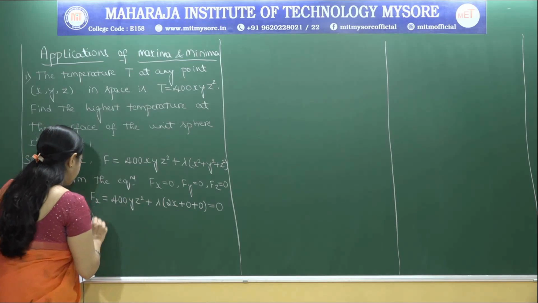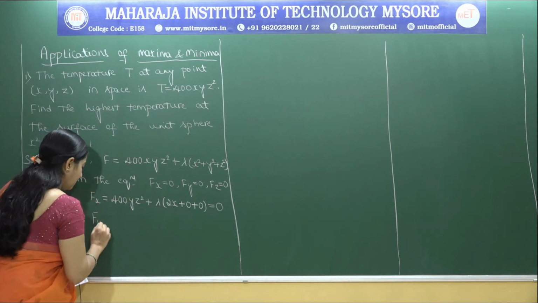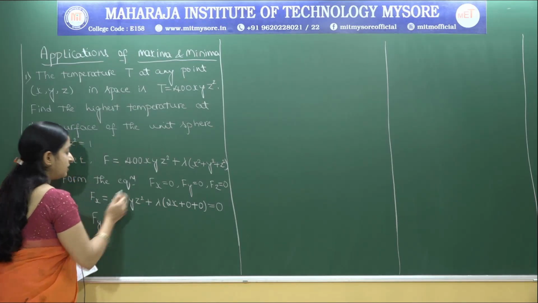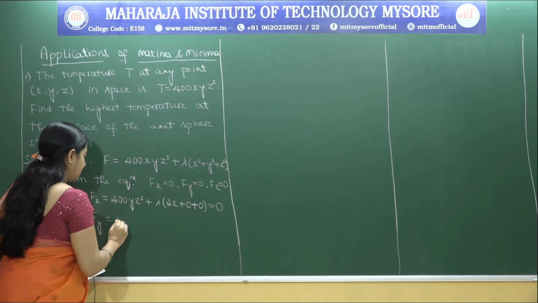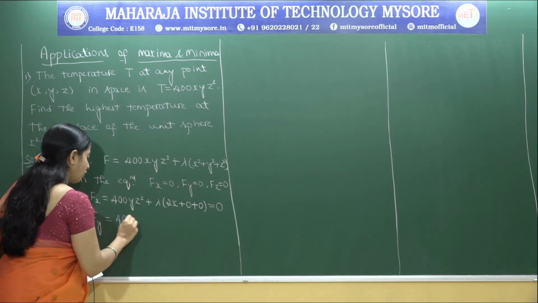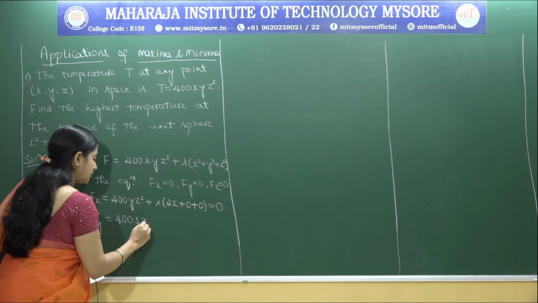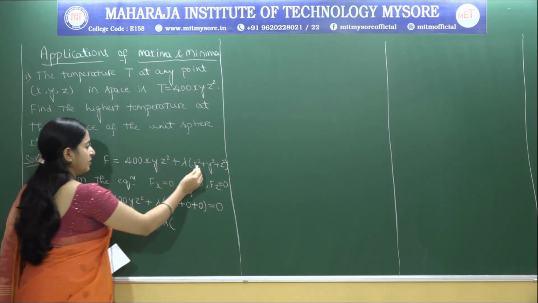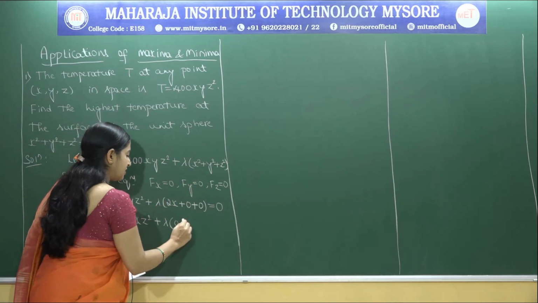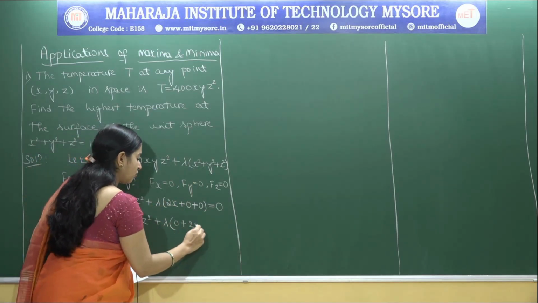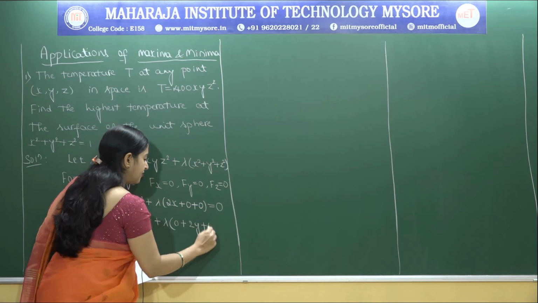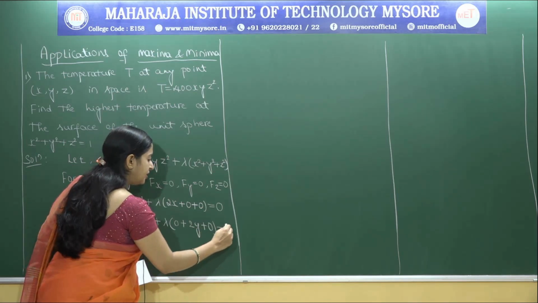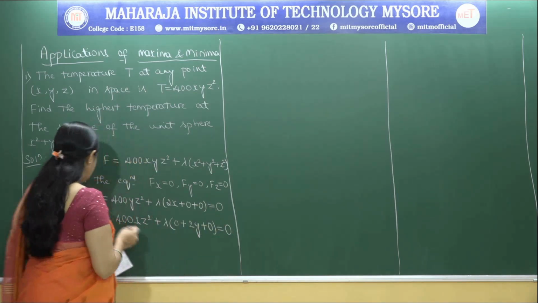Similarly, take the differentiation with respect to y. fy equals, the y differentiation is 1, we will get 400xz squared plus lambda times, here the x squared differentiation is 0, y squared is 2y and the z squared differentiation 0. You have to equate this term to 0.